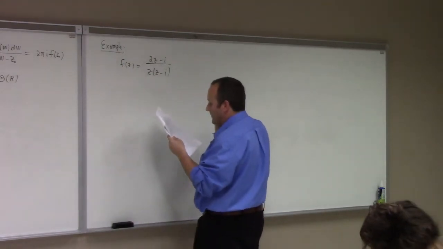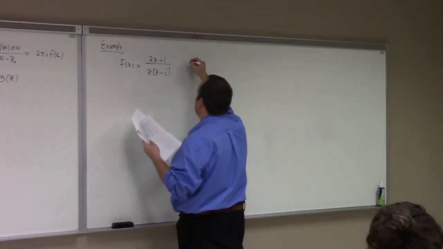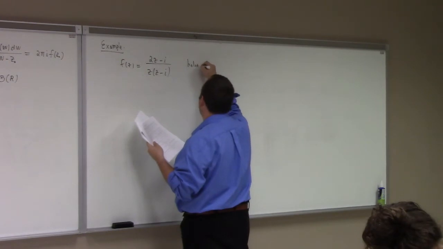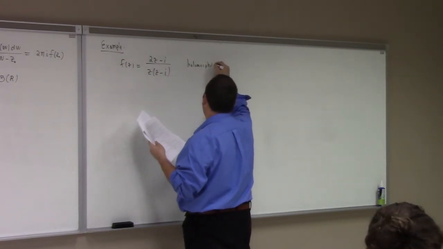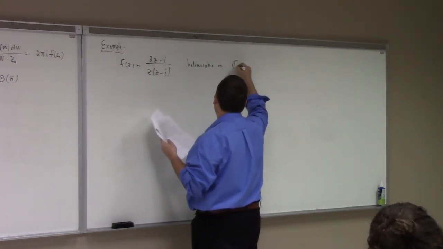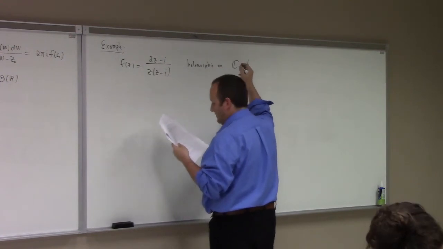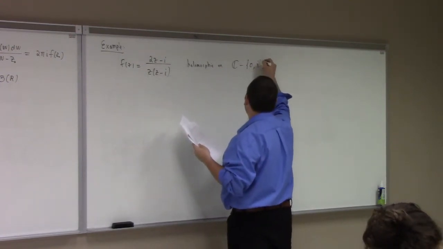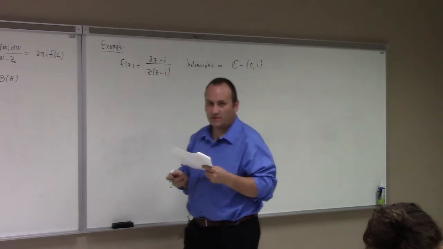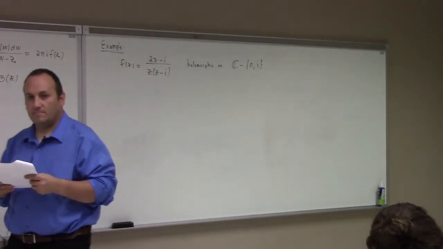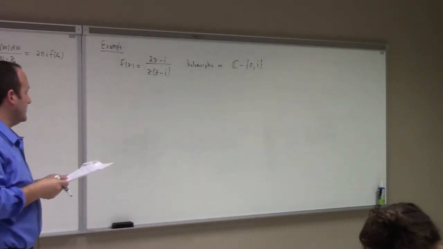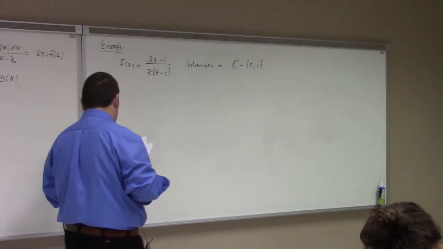This is holomorphic on C removing 0 and i, which are the trouble points; at any other point we have complex differentiability.